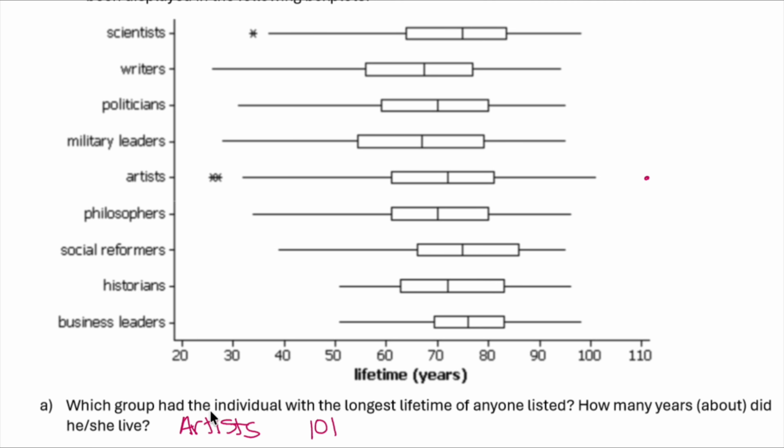Which group had the individual with the longest lifetime of anyone listed? About how many years did he or she live? So it asks us for the longest lifetime for anyone listed.